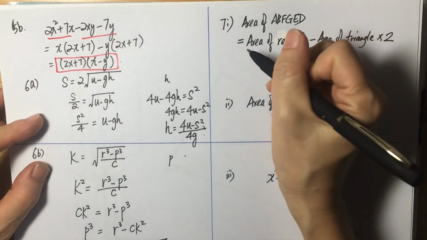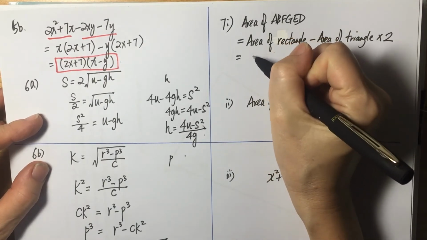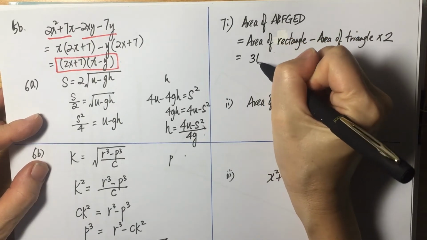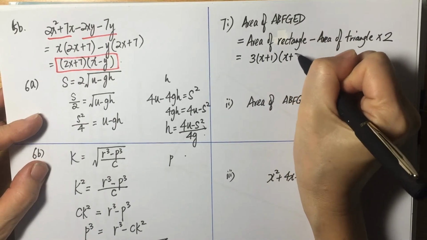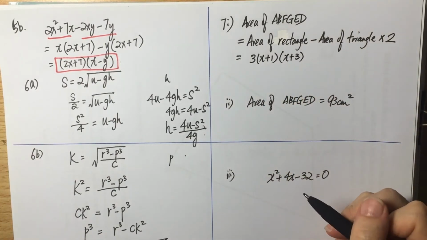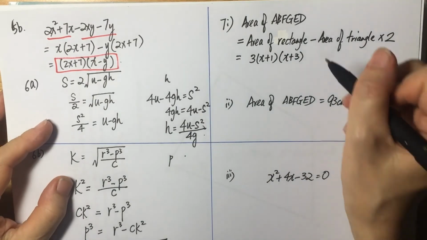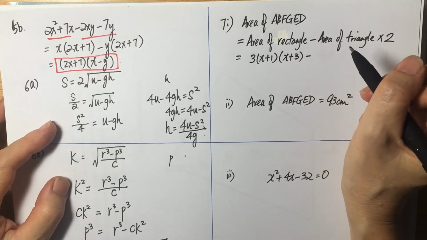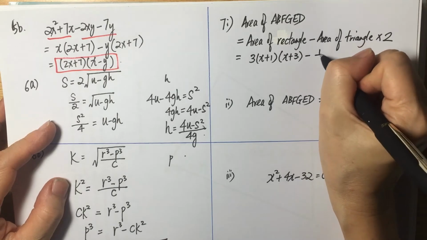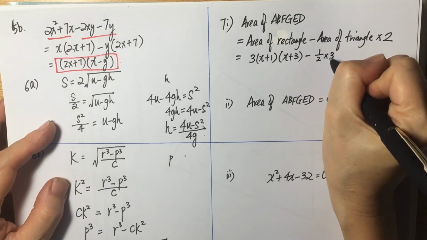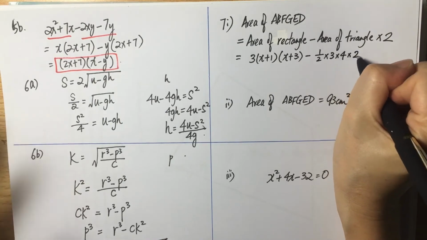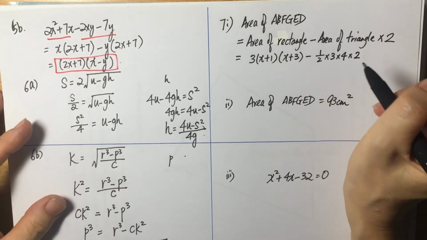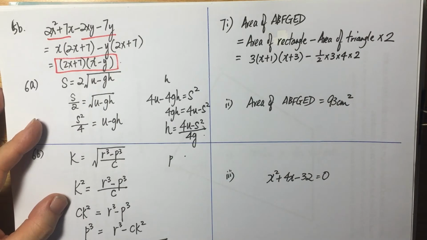So the area of the whole rectangle is 3 times x plus 1, multiplied by x plus 3. So that is the length times the width. And subtract away the area of the triangle at the corner, half base times height, and there are 2 of them because it's folded. So the 2 triangles, subtract away.